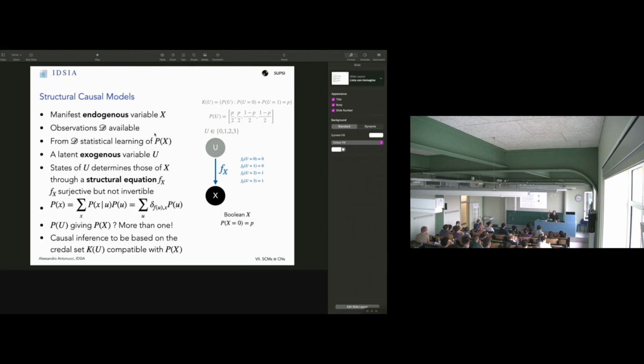It's not that we have a counterfactual which is interval valued because we don't have enough data. It's not about that. It's really intrinsic to the model. It's really intrinsic to the fact that the structural equation cannot be inverted, at least in the general case.